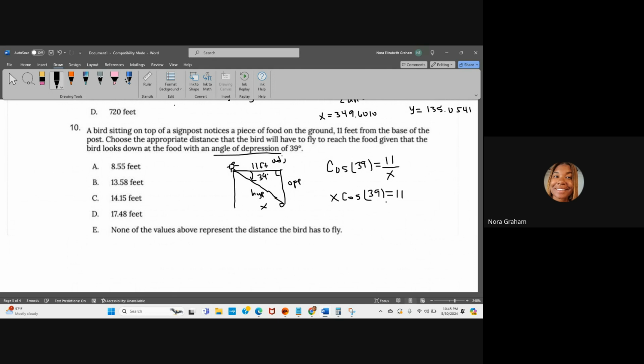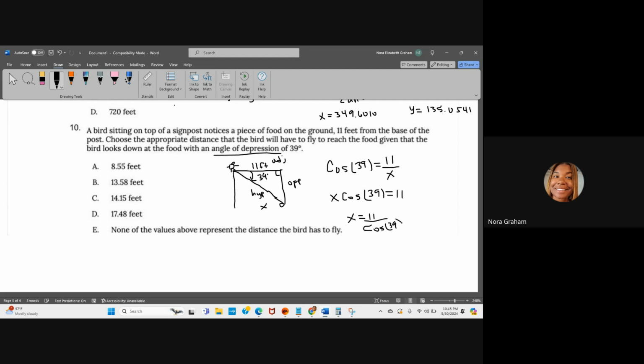Divide both sides by cos of 39 to isolate my x. I'm going to get x equals 11 over cosine of 39.